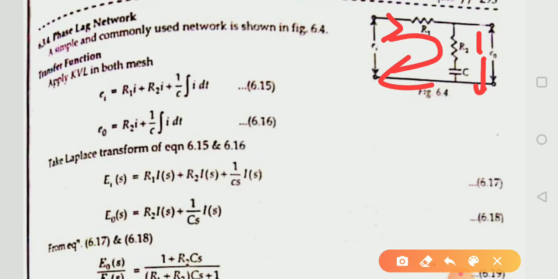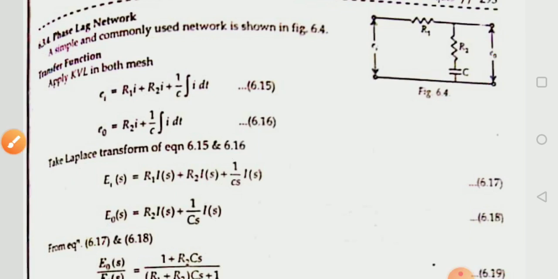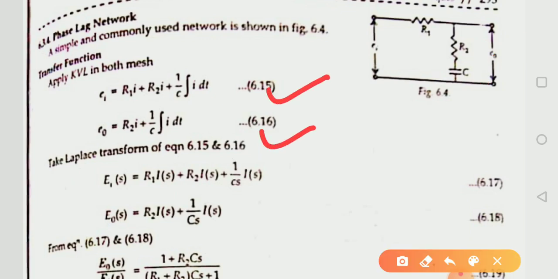For the second loop we have I into R2 and 1 over C times the integration of I dt. This is the input voltage equation and this is the output voltage equation.